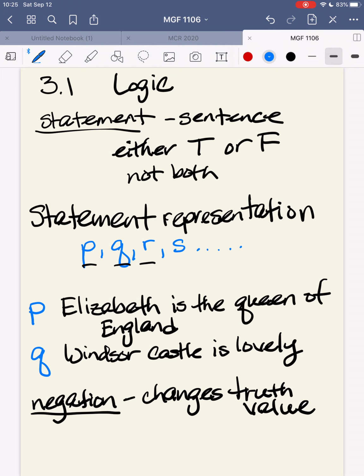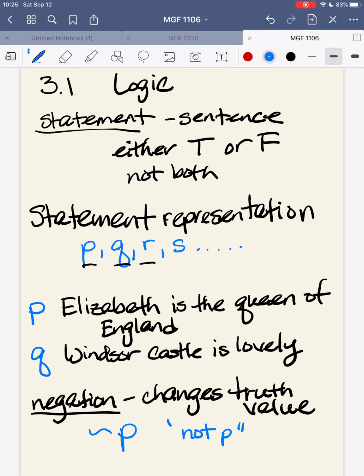When we talk about negation of a statement, the negation of a statement changes its truth value. So if my statement p is Elizabeth is the Queen of England, and I wanted to negate that, I put our negation symbol in the front, and this is called not p.